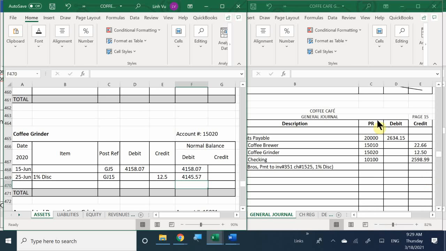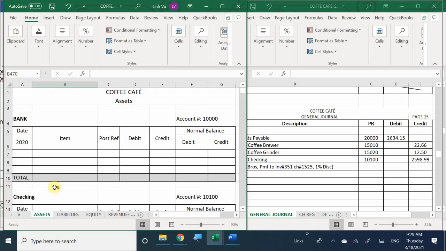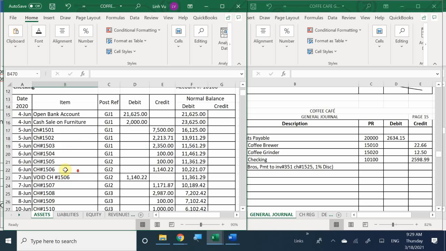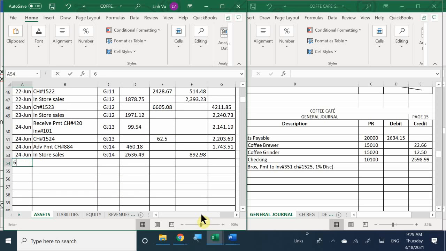Okay. And then lastly, we got to go to our checking account. Okay, I don't know what I'm doing here. So checking number 1525. Okay, general journal 15.